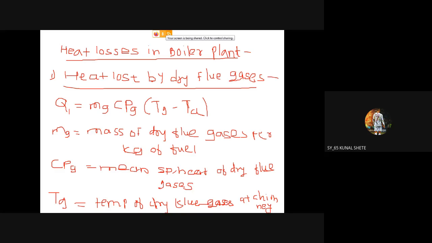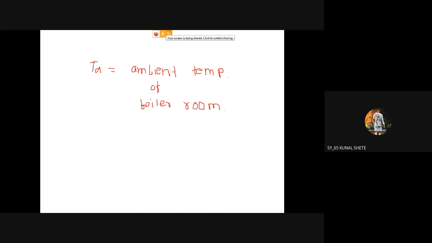Mass of dry gases per kg of fuel. Cpg is mean specific heat of dry gases. Tg is temperature of flue gas at chimney, and Ta is ambient temperature of boiler room. Okay, so everybody understood this loss.